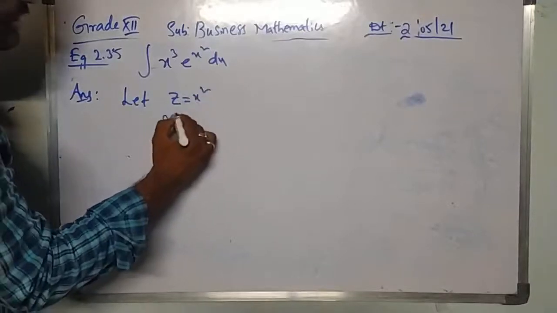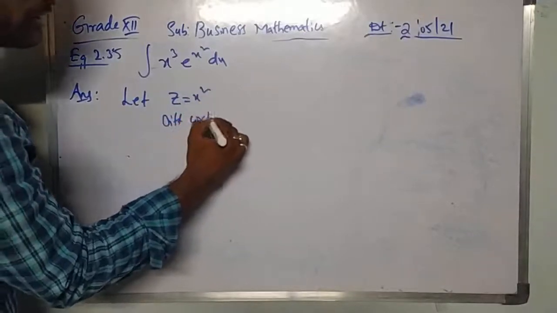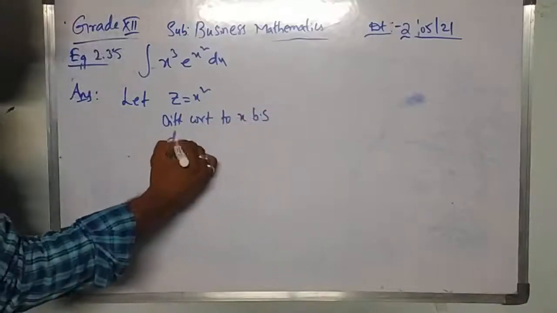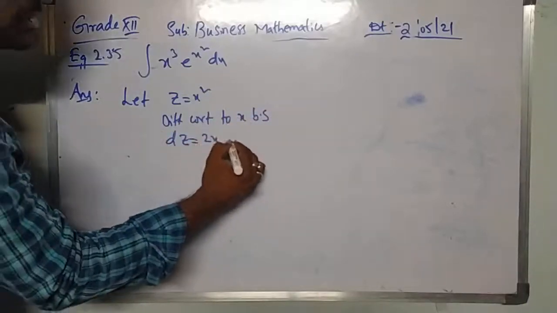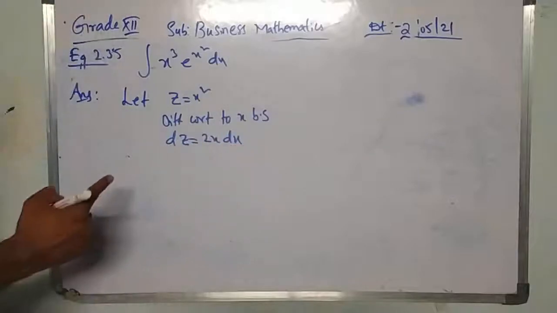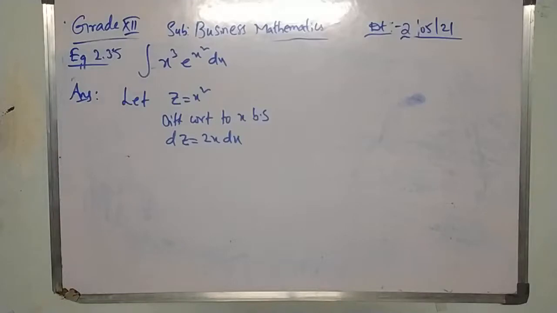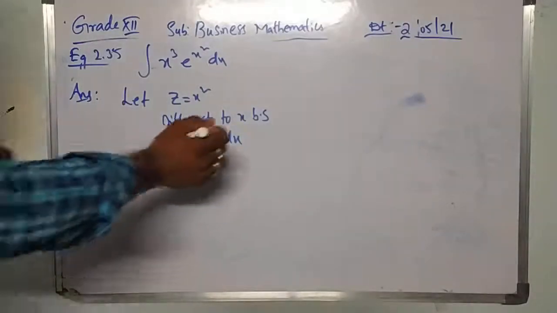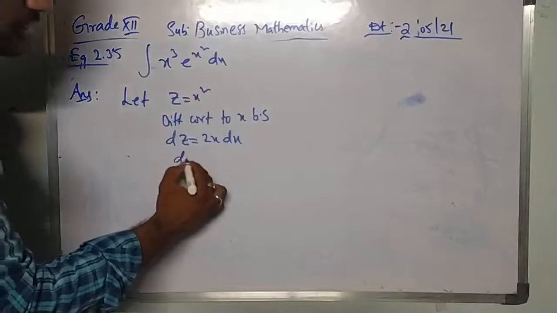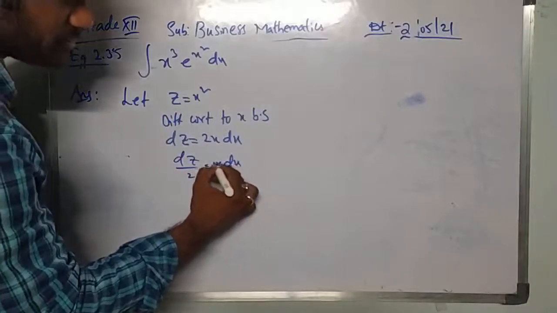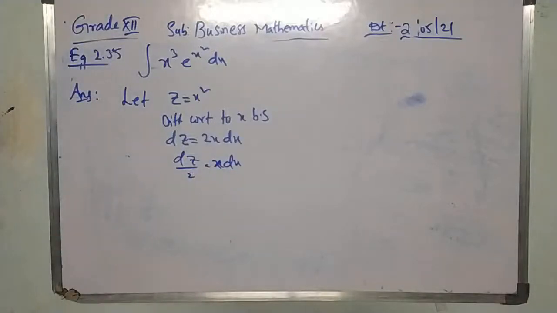So differentiating with respect to x on both sides. So what we are going to get here? dz is equal to 2x dx. Next step. So here dz by 2 is equal to x dx. Okay.